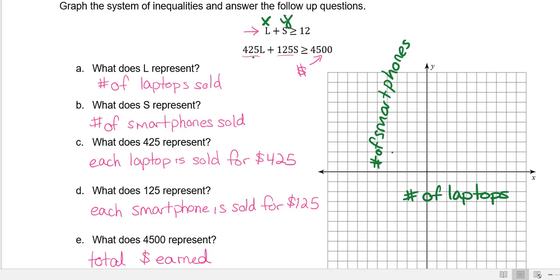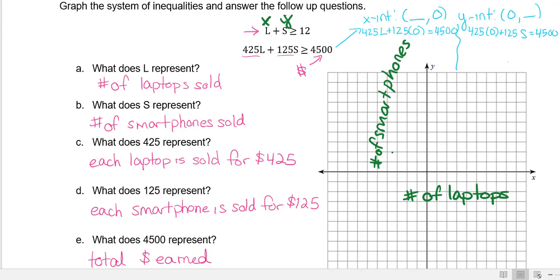I know that I can find my intercepts fairly easily by plugging in zeros into my equation to get both my x and y intercepts, because I know my x-intercept is always something comma 0, and my y-intercept is always 0 comma something.